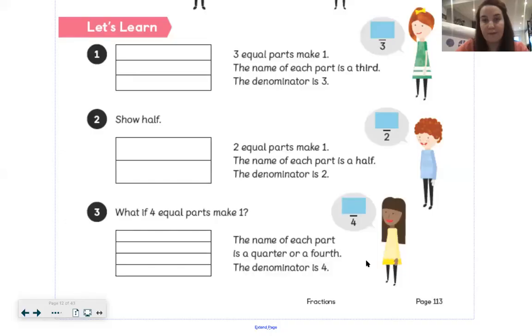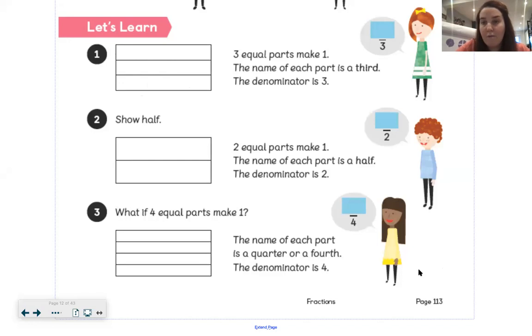So now we're going to look a bit more in detail at different shapes. Okay. So here is shape 1. And it tells us that 3 equal parts make 1, which is true. There's 1, 2, 3 parts, which means the name of each part is a third, which means the denominator, remember that bottom number, is 3.